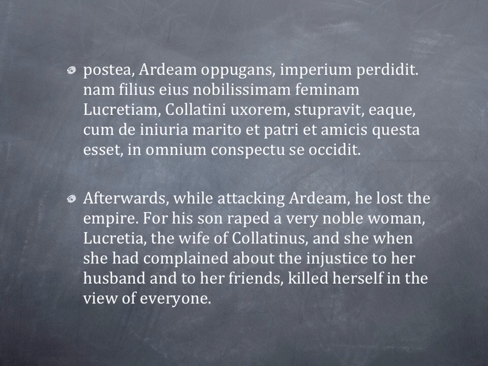And she, when she questa est, temporal clause of a deponent verb, when she had complained de injuria, about the injustice, to her husband and to her father and to her friends, se occidit, killed herself, in omnium conspectu, in the sight, omnium, of everyone.